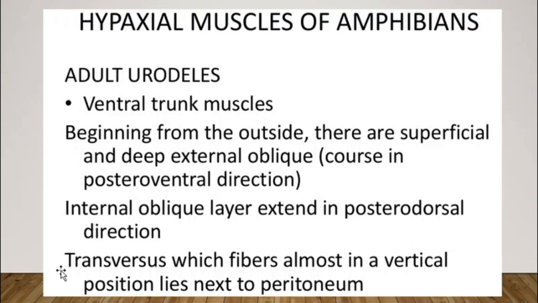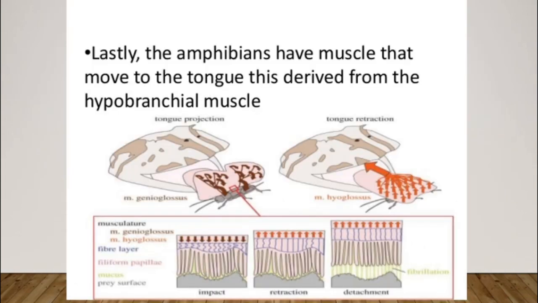Transversus, with fibers almost in a vertical position, lies next to the peritoneum, so it is near the bone. Lastly, the amphibians have muscles that move the tongue and derive from the hypobranchial muscle.